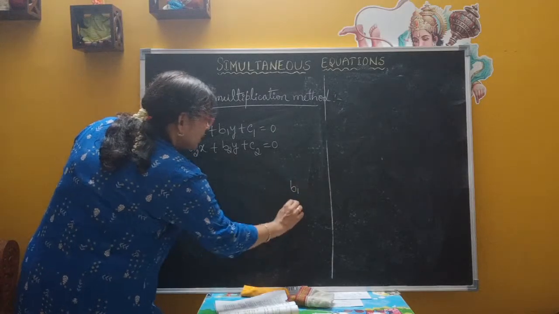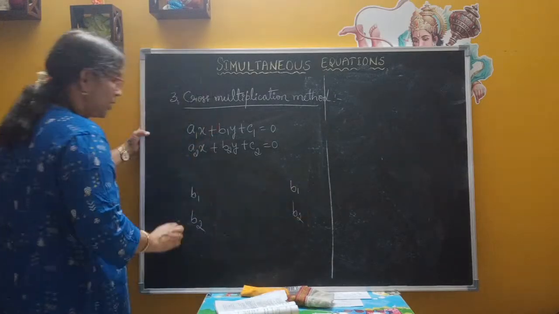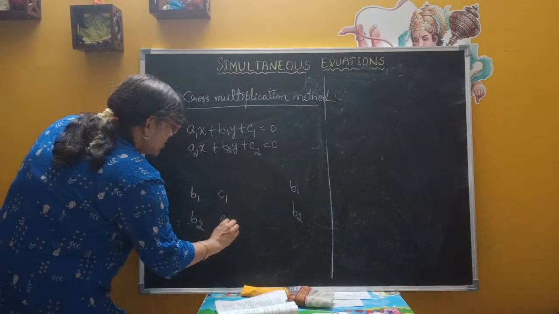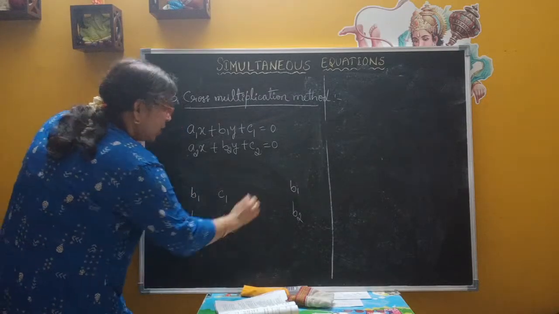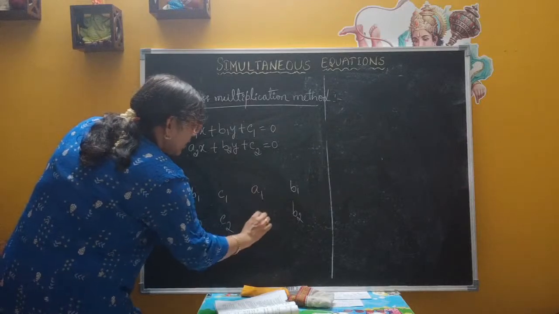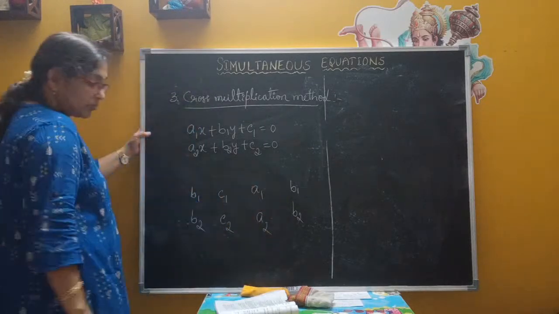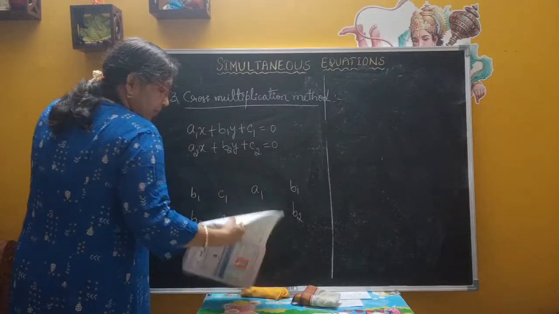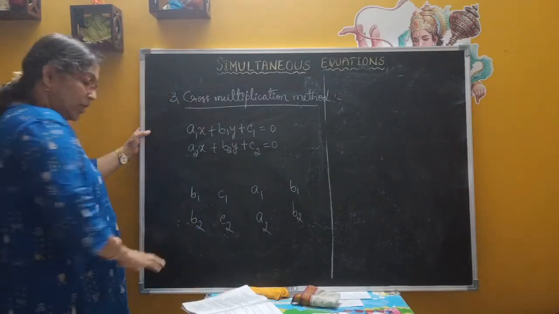We should write b1, b2, b1, b2. In between, let us write c1, c2 in the second column, and a1, a2 in the third column. This is the way of writing in the cross multiplication method.